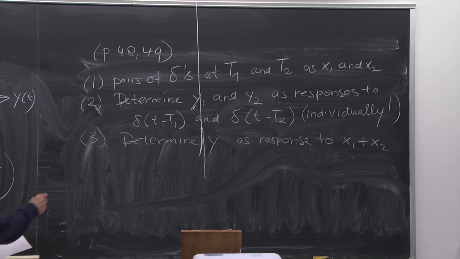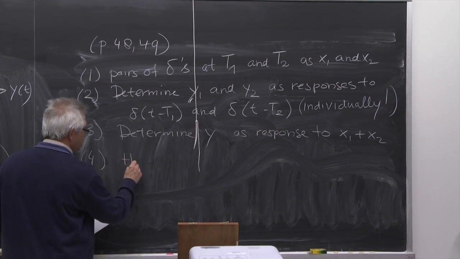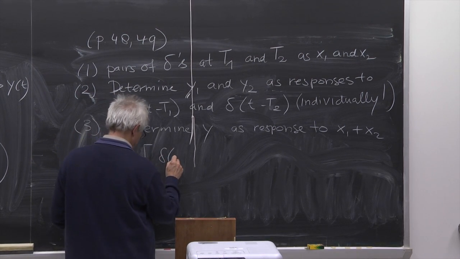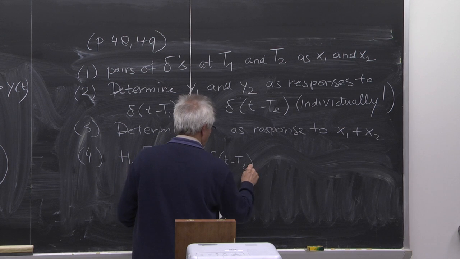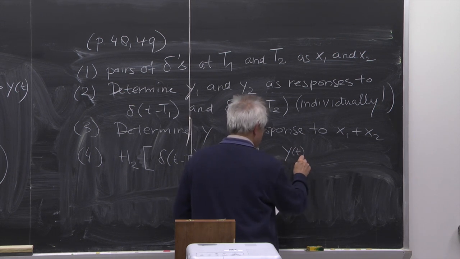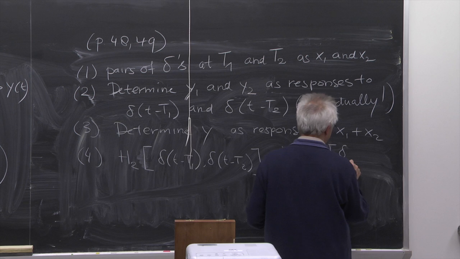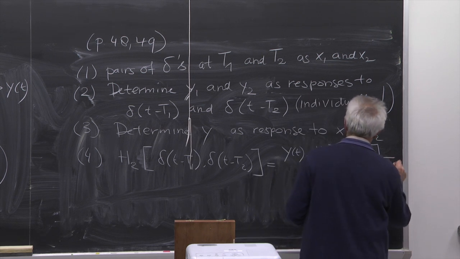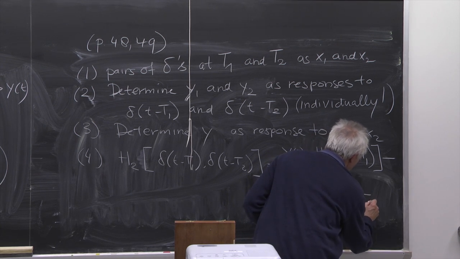So now, as a fourth step, we can take advantage of our knowledge, and we say that H2 to the delta function pair is the total response minus the delta function, minus, and I have to kind of continue here, the delta function at T2.